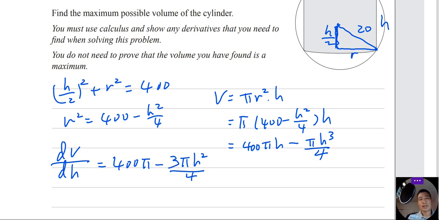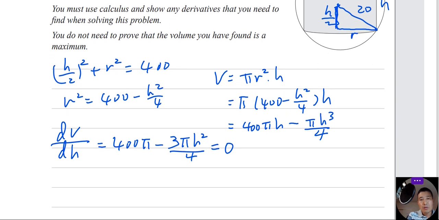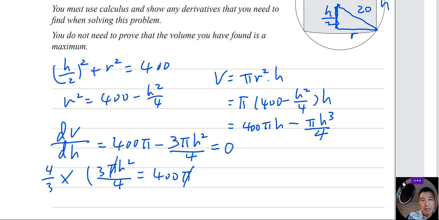This is the gradient function, and we have to set it to 0 because we are finding the maximum value. So for this to be 0, 3 pi h squared over 4 should be 400 pi. I can cancel out pi, and multiply by 4 over 3 on both sides.